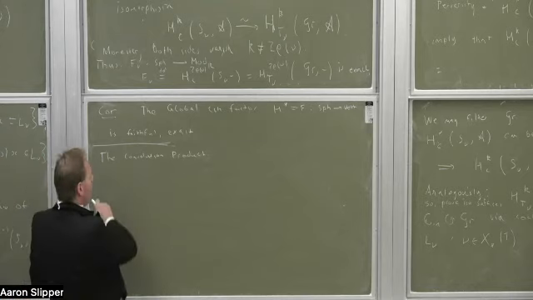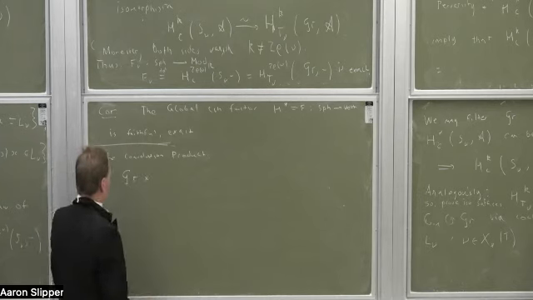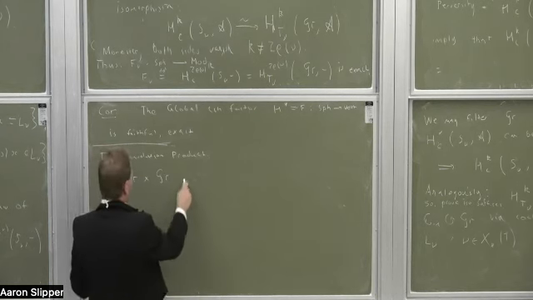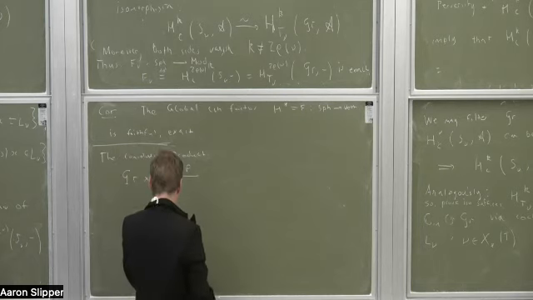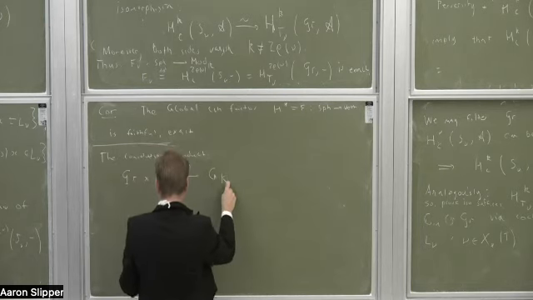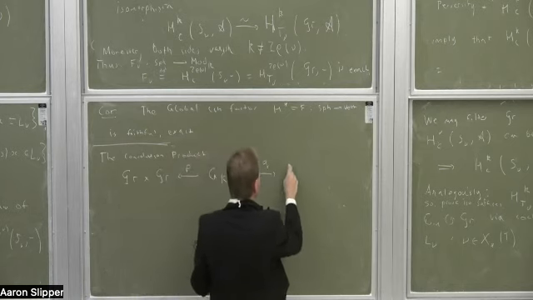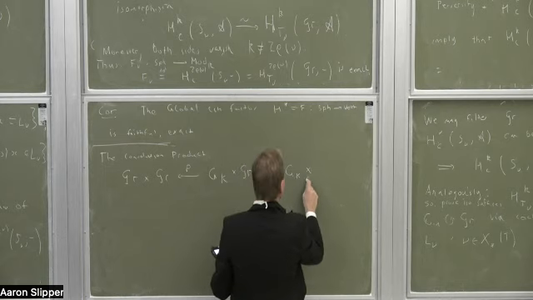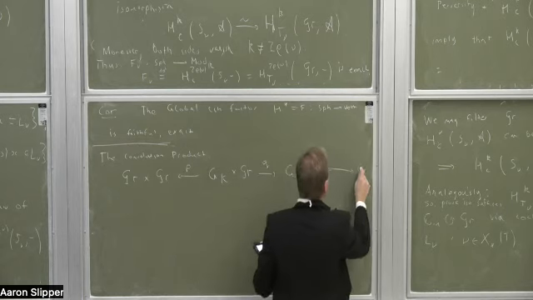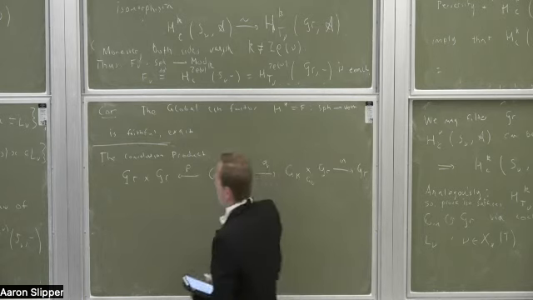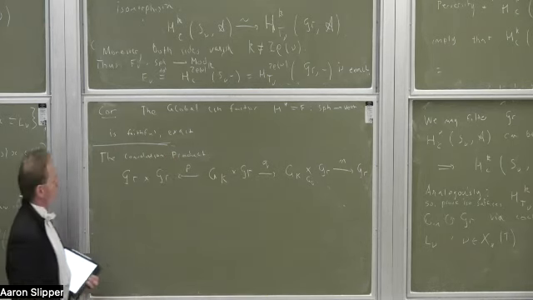So the convolution product is the next thing we're going to have to do. We're going to draw out our diagram. This is the analog of tensor product, or at least it goes over to tensor product on the rep side. So we have Gr times Gr, with G_K times G_O Gr, and this chain of maps, and the maps go like this.